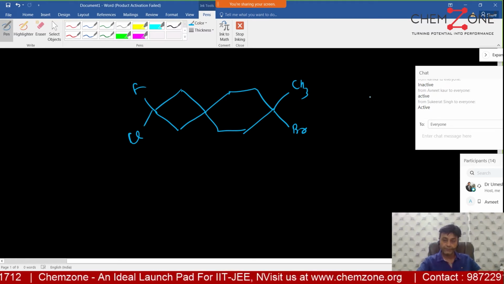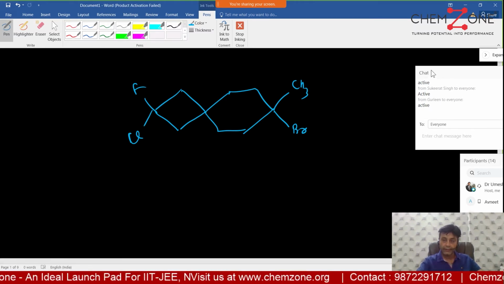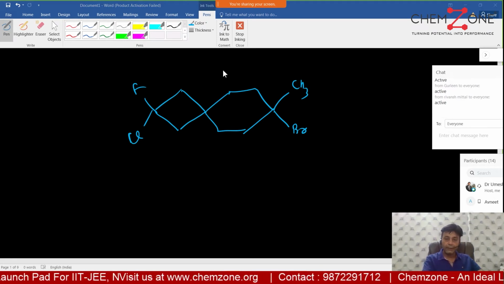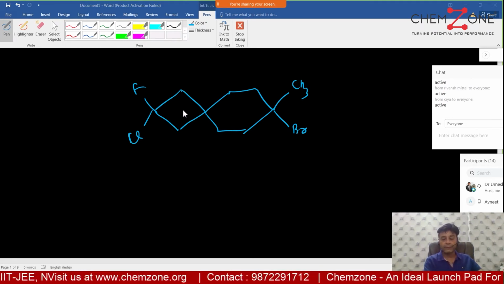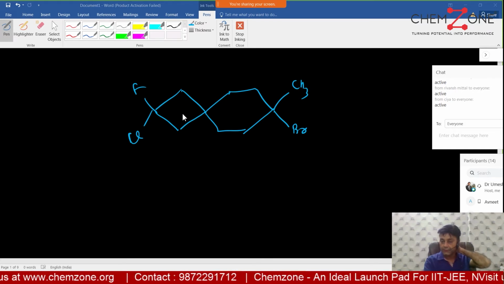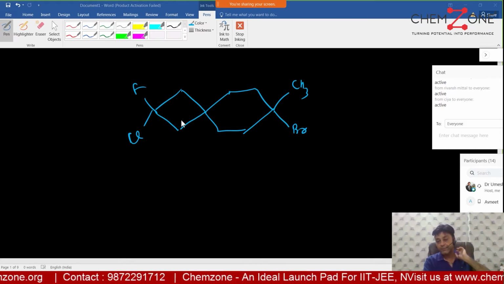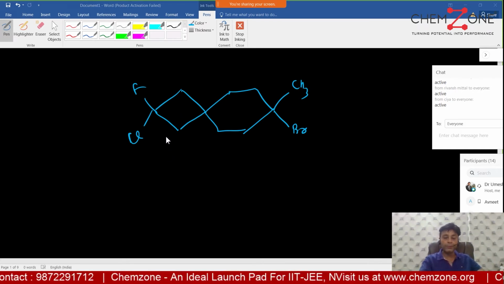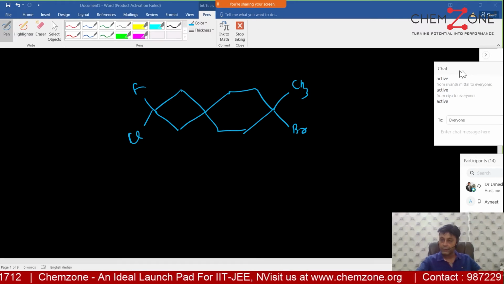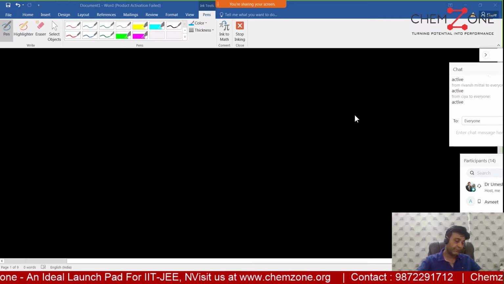Okay, good, Avneet. Good. It is active. Again, the reason is same. It is dissymmetric. The two rings are perpendicular to each other, and the two compounds are non-superimposable upon each other.